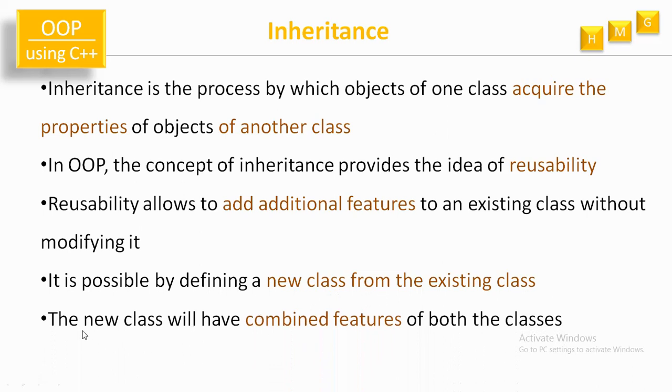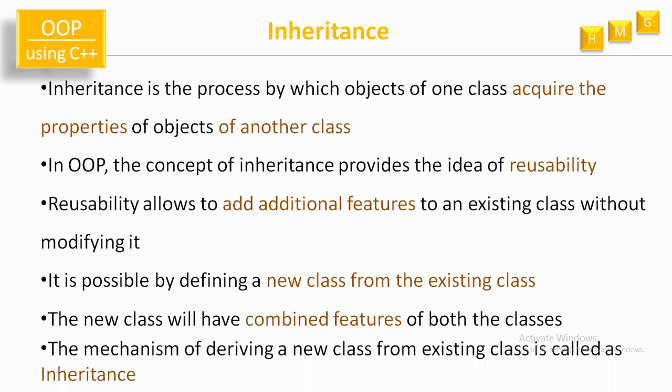In this way the new class will have the combined features of both classes, that is the features of the existing class plus the features of the new class. So this is the effect of inheritance. Finally, the mechanism of deriving a new class from an existing class is called inheritance.